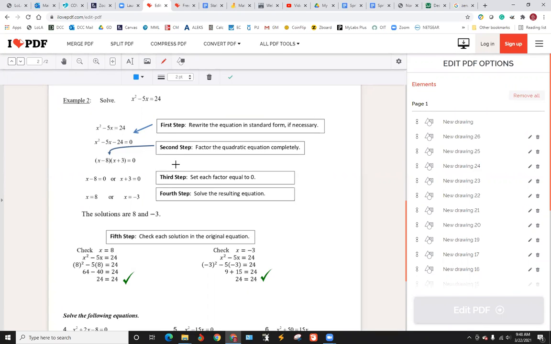All right. Now, we talked about this form. Well, this is what we call the basic form for a quadratic.